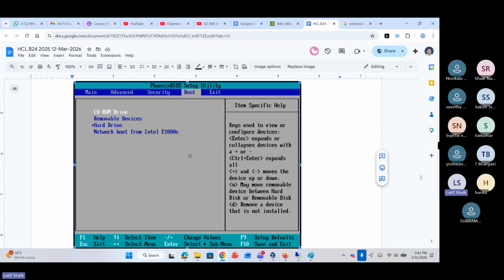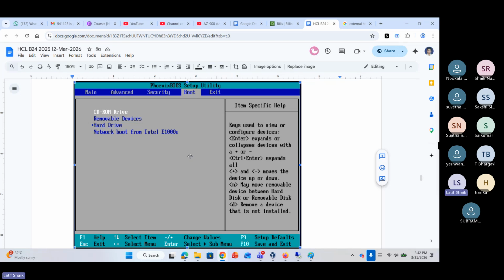First it will check the CD-ROM. Is any bootable CD inserted in the CD-ROM? If yes, load the OS from that CD. Then search for the OS drive from a removable device like a pen drive. If found, load the OS from the pen drive. Otherwise, go to the next one. Hard disk: check for the OS in the hard disk.